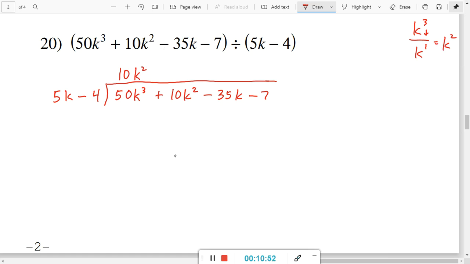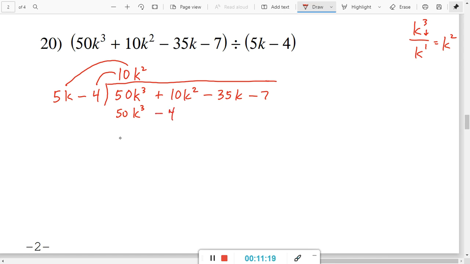And now you distribute. 10k squared times 5k. 10 times 5 is 50. K squared times k is k to the third. All right, and all of these, when you subtract the first terms right here, it should equal 0. All right, and then we have 10k squared times negative 4.